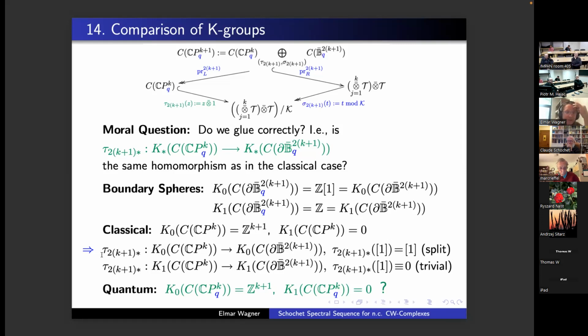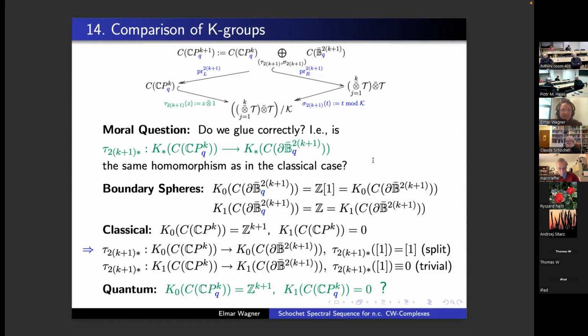If you look now at this induced map, going to k+1, it tells me how I glue. My moral question is whether it should glue in such a way that we don't change our topological invariants. But since K0 goes to K0, and this one, an odd sphere, has only a trivial K0 element, 1 goes to 1, has to go, and that's split.